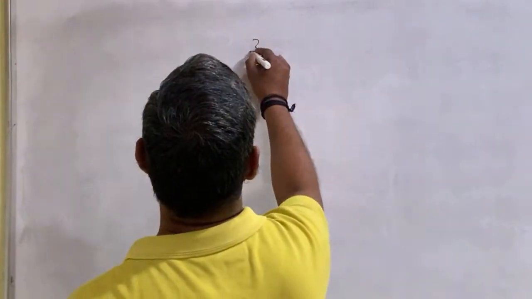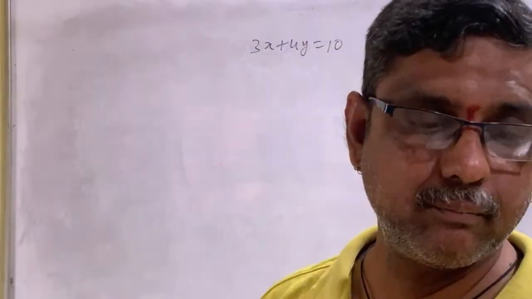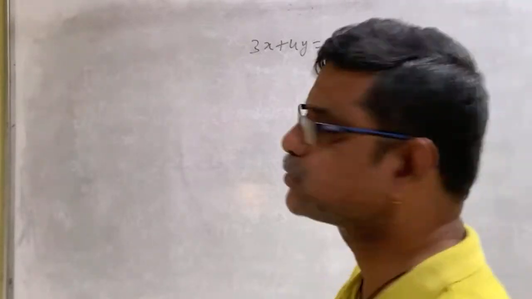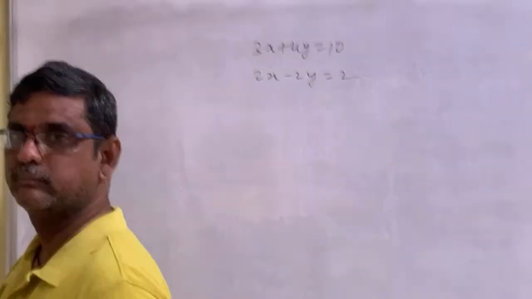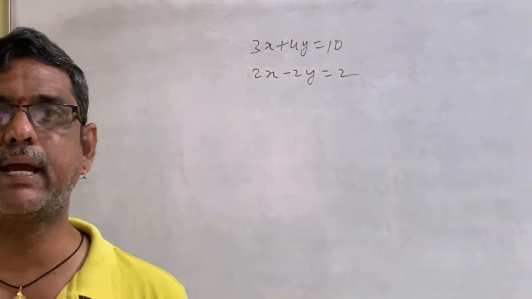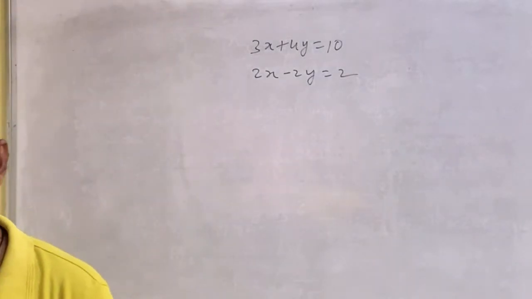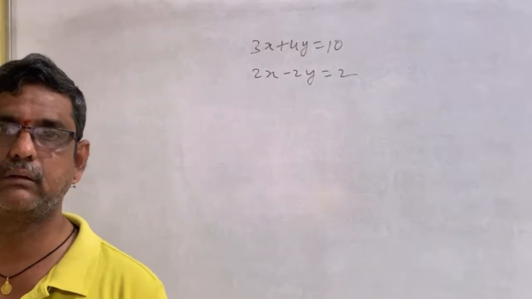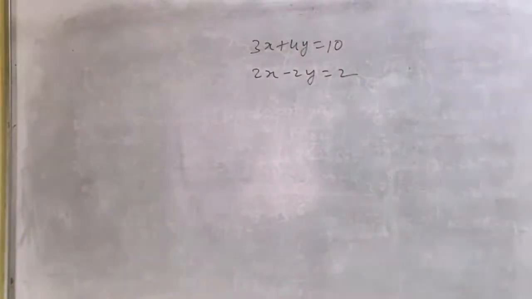3x plus 4y is equal to 10, and 2x minus 2y is equal to 2. So, as I told you, step 1 is selecting the variable. So select the variable, children.